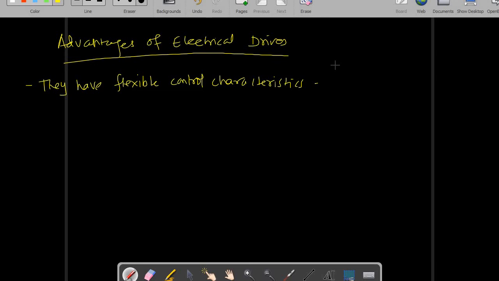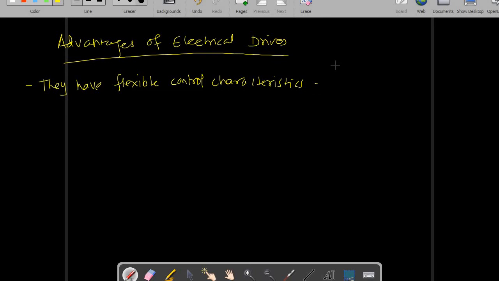The steady state and dynamic characteristics of the electrical drive can be shaped, changed, transformed to satisfy the load requirement. Whatever the load requirement, as per that requirement, the steady state and dynamic characteristics of the electric motor can be shaped. Speed can be controlled, and if required, it can be controlled in wide limits, from a very small value to a very large value.